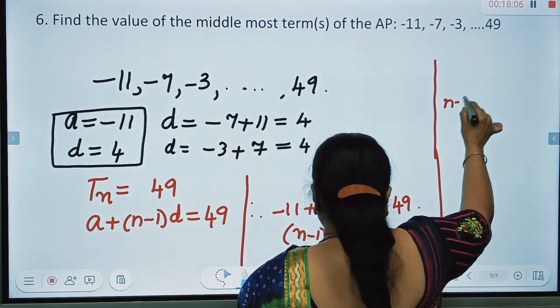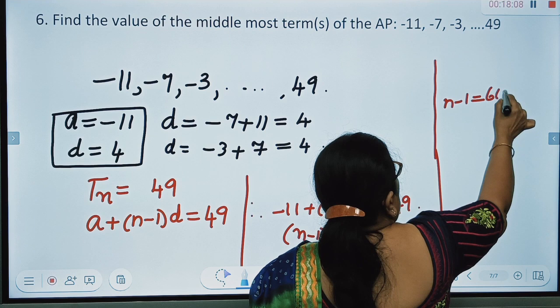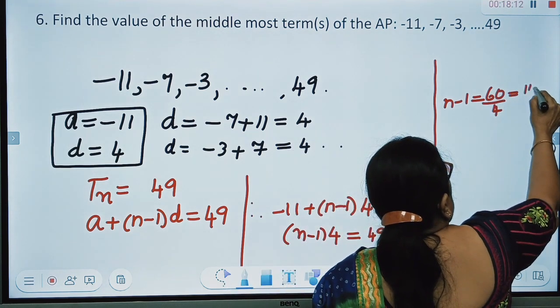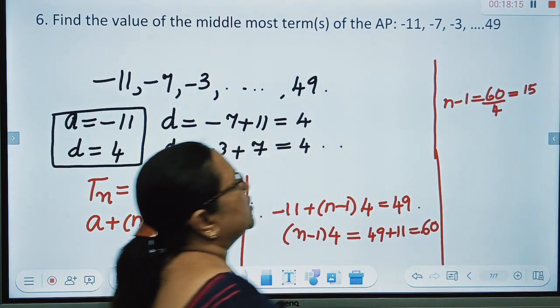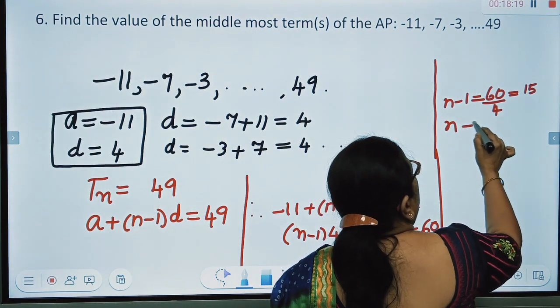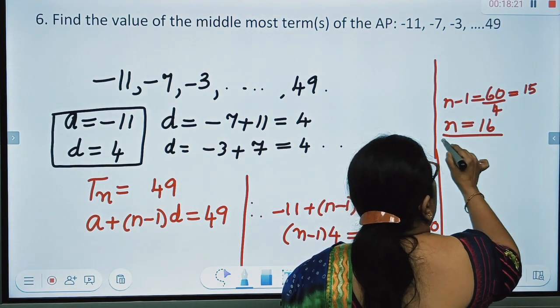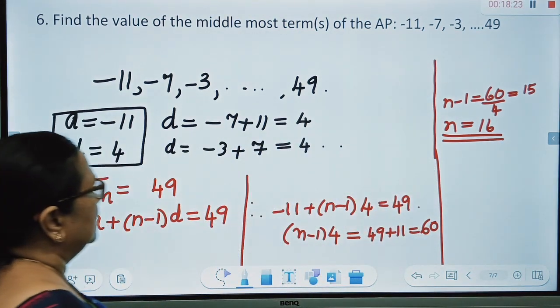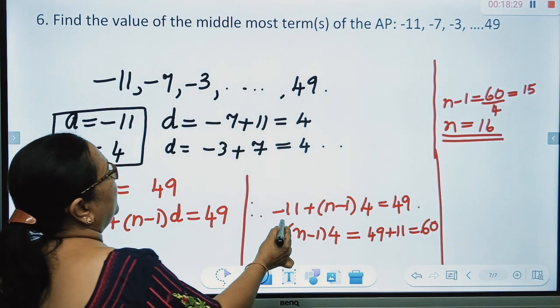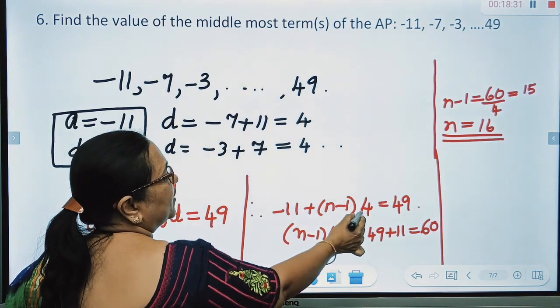So, n minus 1 equal to 60 by 4, so n minus 1 is 15. So, n equal to 16. A plus n minus 1 d is the last term, which is 49, where minus 11 is the first term and the common difference is 4.